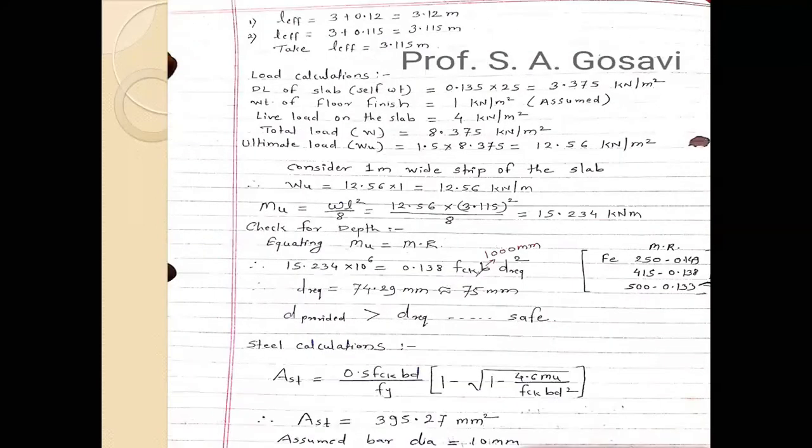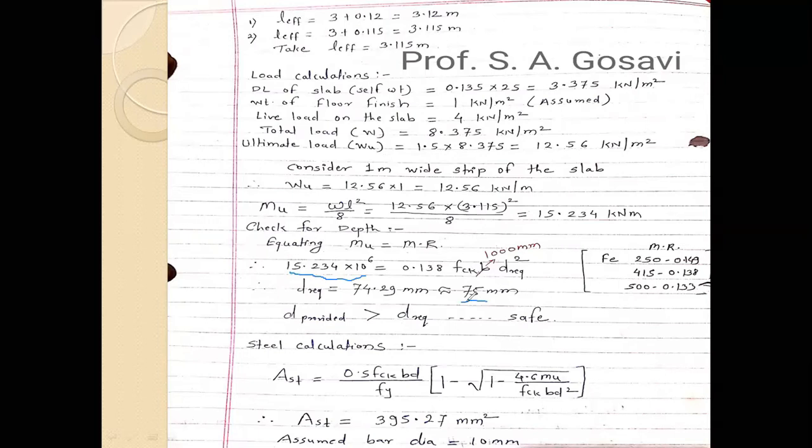When we took this check for depth, what depth did we get here? 75 mm. This is the depth from the bending moment criteria.